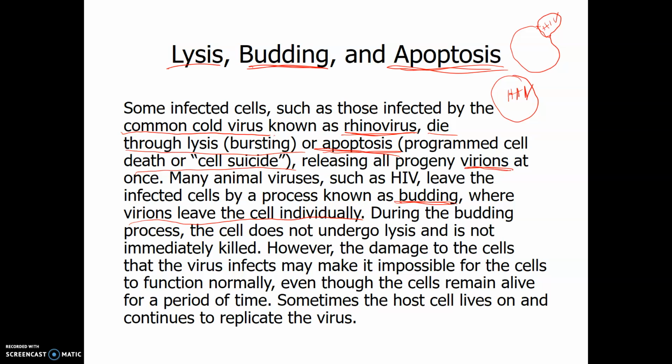However, the damage to the cells that the virus infects may make it impossible for the cells to function normally, even though the cells remain alive for a period of time. Sometimes the host cell lives on and continues to replicate the virus. So the viruses that are released from cells by budding just have a different mode of causing symptoms.